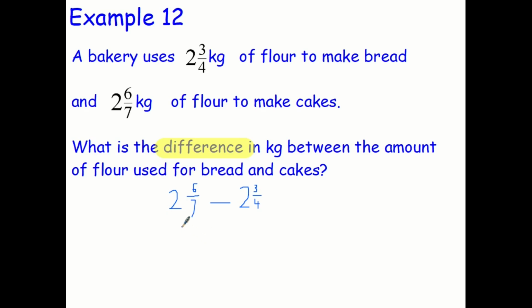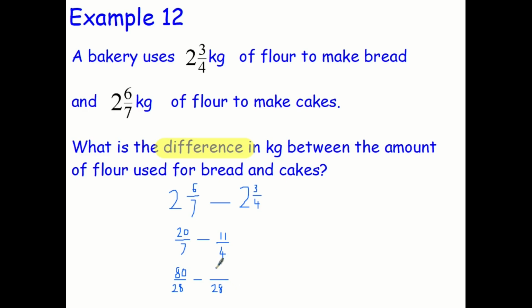So 7/7 in 1, 14/7 in 2, plus 6, that is 20/7, and I'm subtracting 4/4 in 1, 8/4 in 2, 11/4 there. 11/4, common denominator of 28. 7's been multiplied by 4 to get 28, so that top's got to be multiplied by 4 to give you 80. 28 is my denominator, so that has been multiplied by 7.